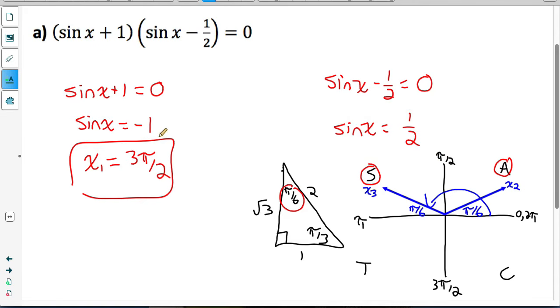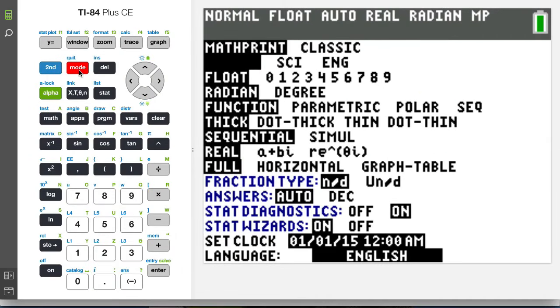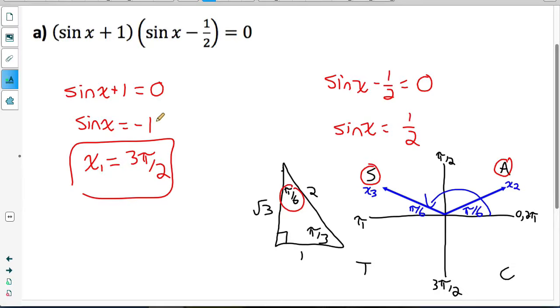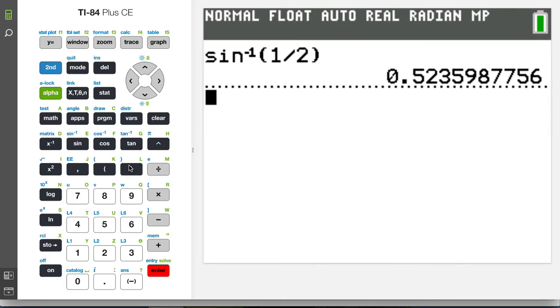And let me just remind you that with this type of equation, it's best to use your special triangles to get exact answers, because if I go to my calculator, I'll show you that it would only give me the approximate answer. Okay, making sure that I'm in radian mode. If I'm looking for what angle has a sine ratio of a half, you can ask your calculator by doing inverse sine of a half, and your calculator will give you an approximate answer for that angle, 0.52, and so on.